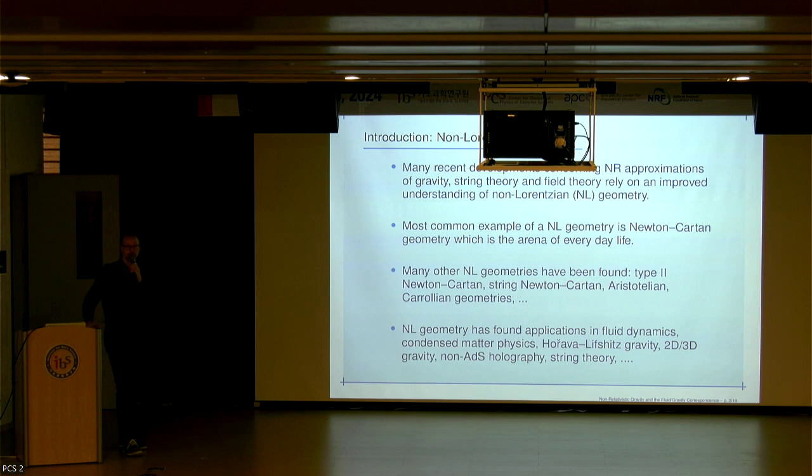All the radiation is collected at future null infinity. That's a null hypersurface, and therefore it doesn't have Lorentzian geometry, and it has this so-called Carroll geometry. This is also true for various other non-AdS spacetimes. So if you believe in non-AdS holography, then you will have to become familiar with non-Lorentzian geometry, because it's more the rule rather than the exception.